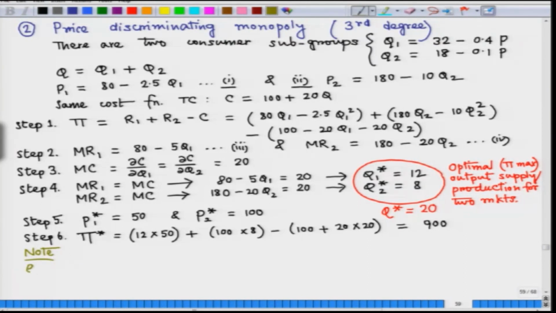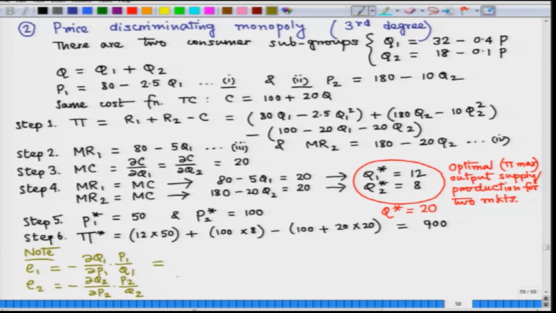Okay. So, E1 is basically the own price elasticity of demand for market 1, and we know how to compute it. This is not a very difficult task. This is the formula. Similarly, we can write E2. Now, these expressions are to be evaluated at the equilibrium point in each market.